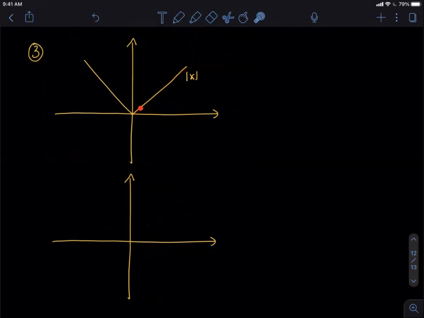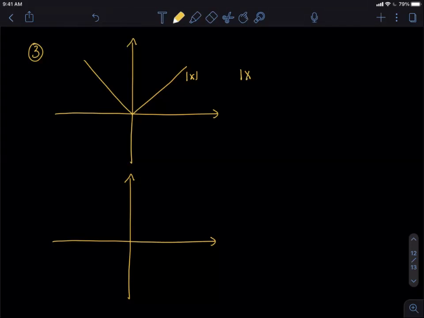So here, absolute value of x is a straight line, right? Just a different slope on the left and on the right. But something that has constant slope, like this case x, must come from a parabola, okay?